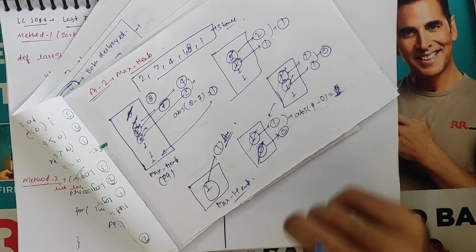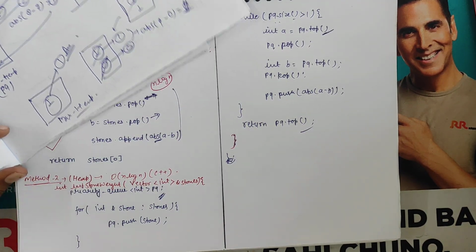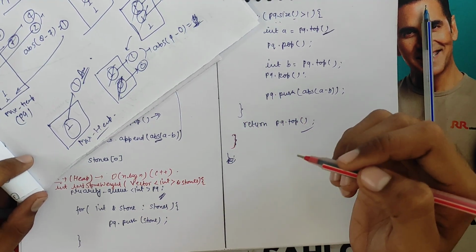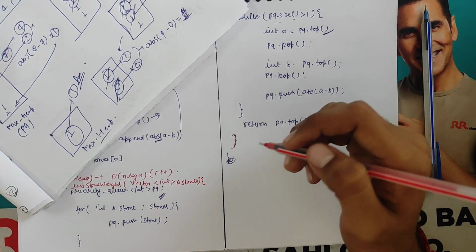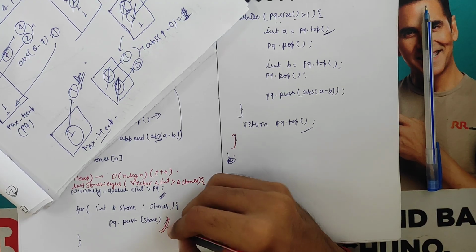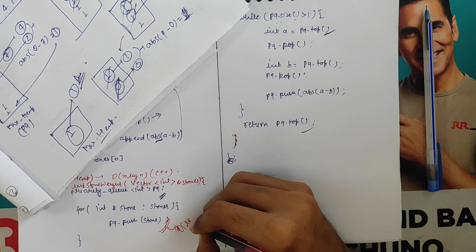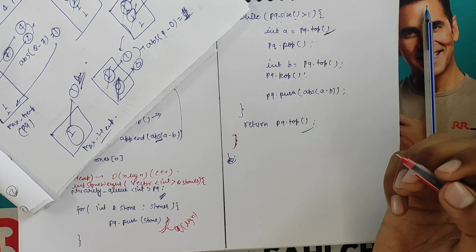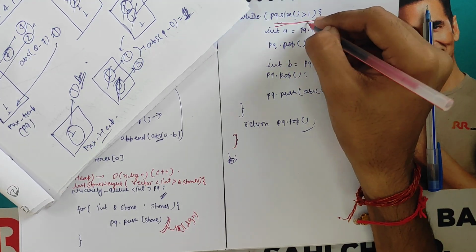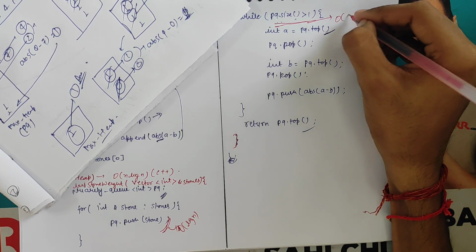So why is this max heap a better solution? Because it has a much lower time complexity than the first method. Because in this we are first pushing the elements into the max heap, which contains big O of log n, and we are running a while loop for the whole priority queue, which contains big O of n.